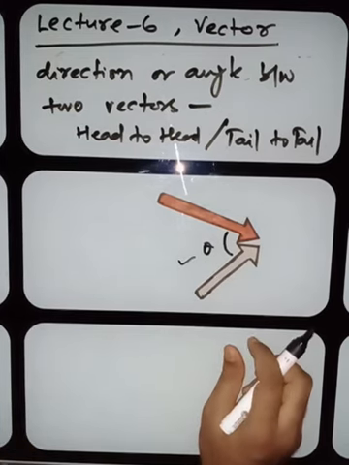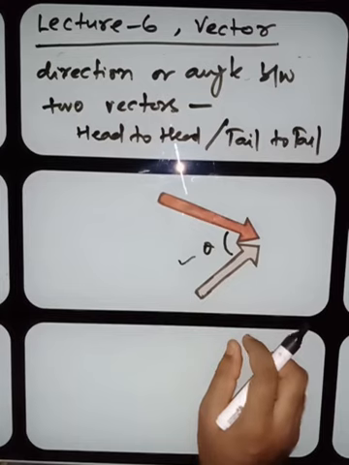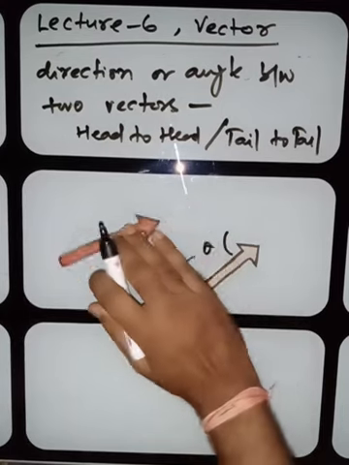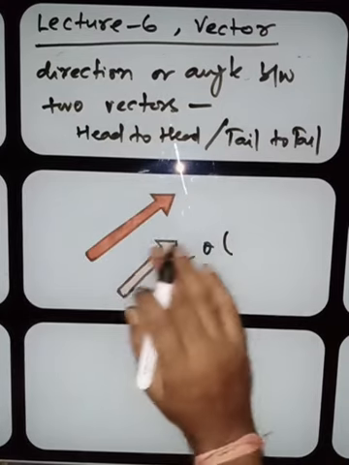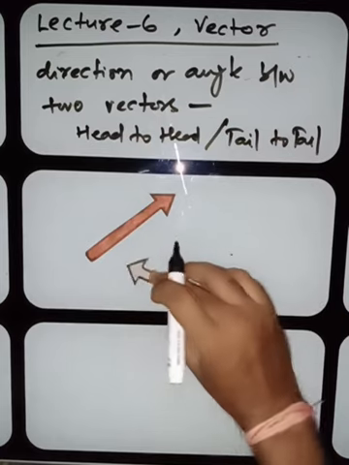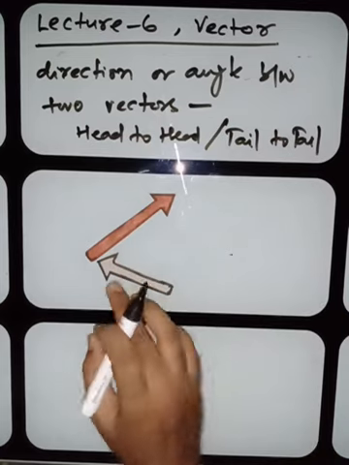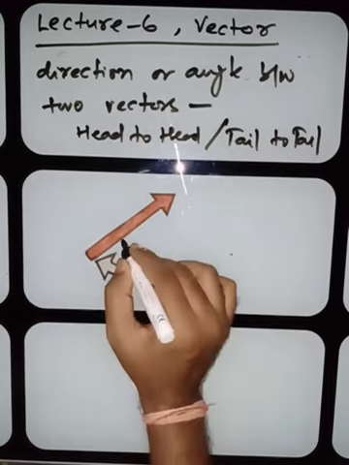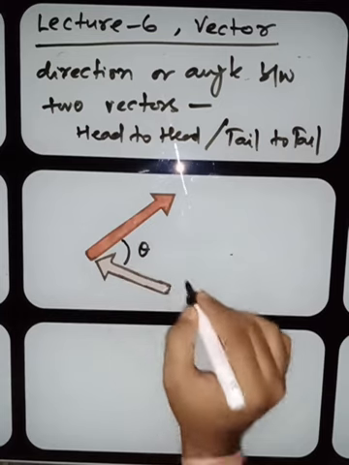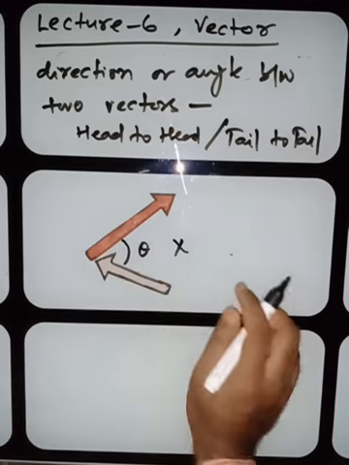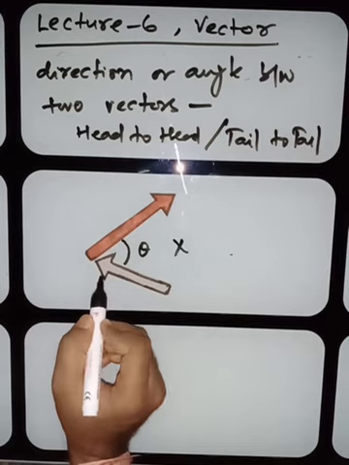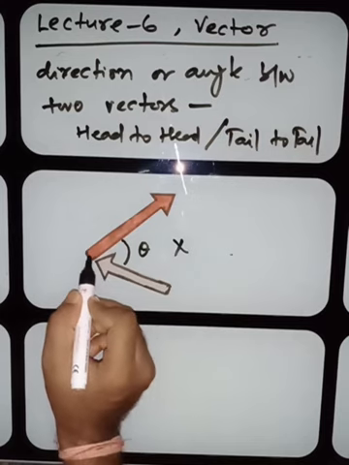But if you make a vector in this way, like this, and you write this is theta, then it is wrong. Why? Because you are calculating the angle between head and tail.